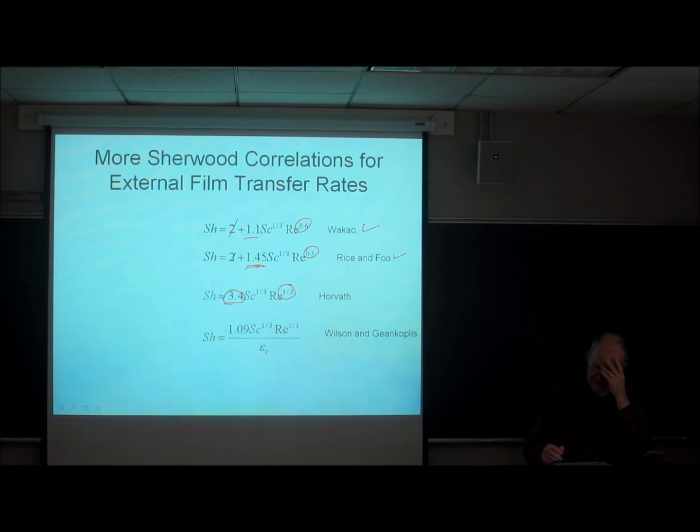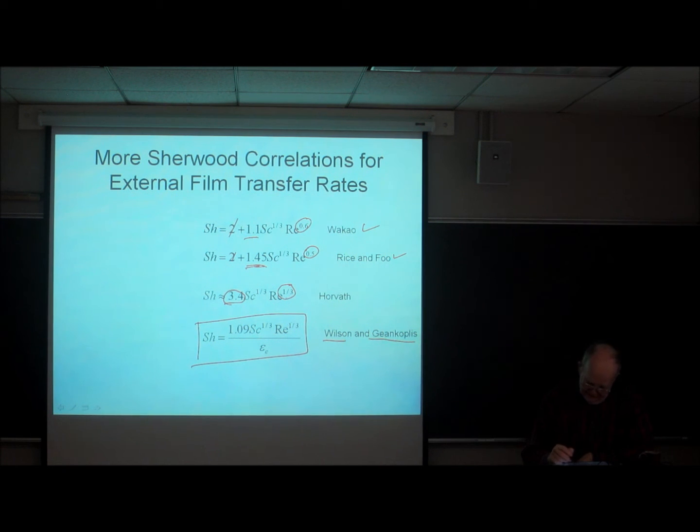One of the absolutely very most popular correlations for the Sherwood number was gotten by Wilson and Geankoplis. Geankoplis is a former U of M faculty member, so this must be the right one. But it is really, in terms of popularity of use, the most popular correlation.